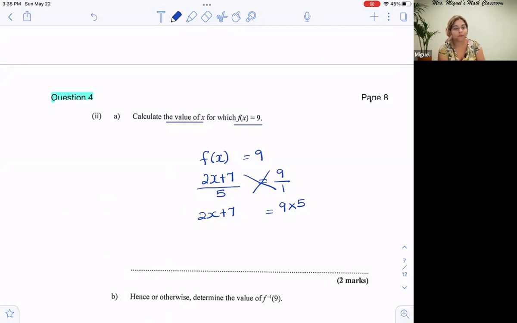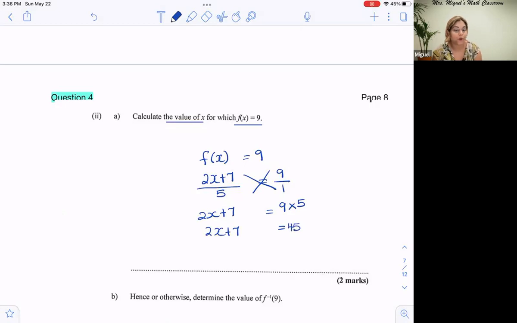So remember to move the +7 first and then divide by the coefficient, or the number in front of the x. 2x plus 7 is equal to 9 by 5, that is 45.